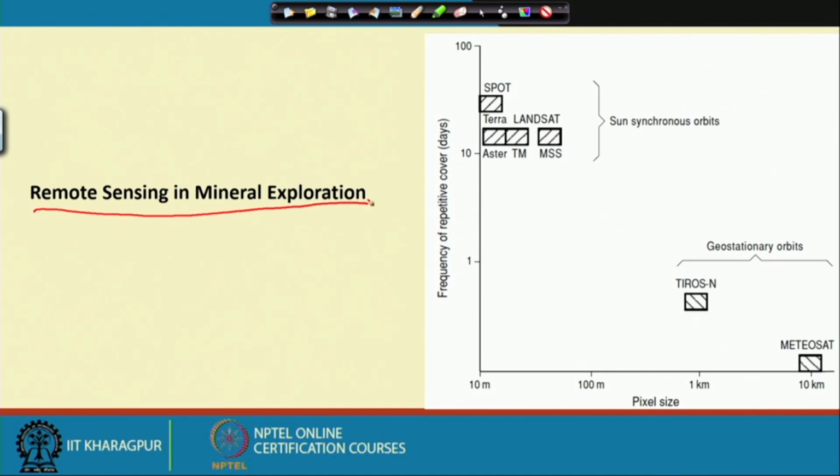If we start from the very standard definition of what remote sensing is, we make impressions or estimations about any object by examining it from a remote distance.